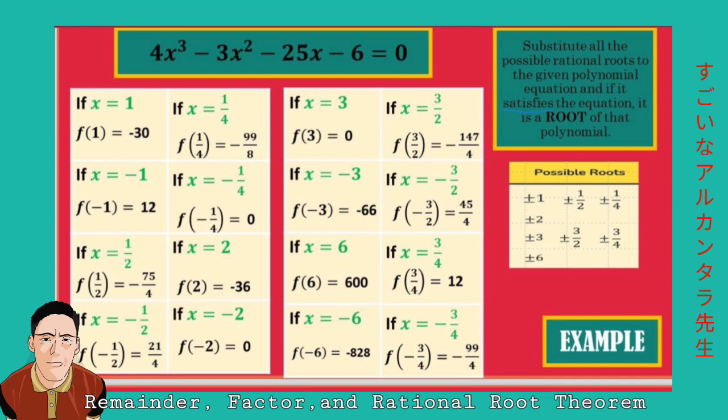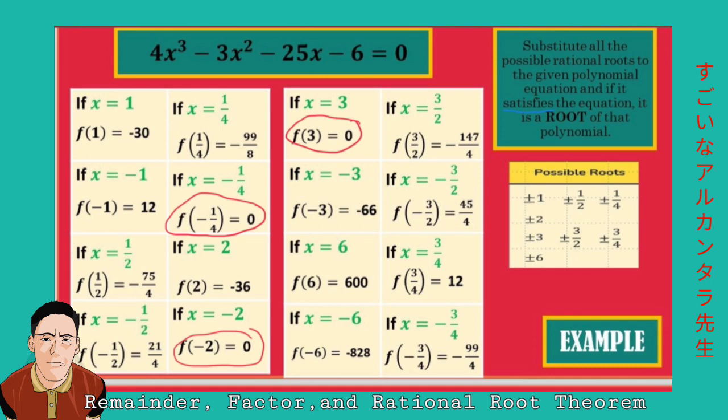The meaning of that is we're going to take note of the ones that gave us 0. So we have negative 1/4, we have x is equal to 3, and lastly, we have x is equal to negative 2. Those 3 possible roots are our actual rational roots, because all of them gave us 0 when we substituted.